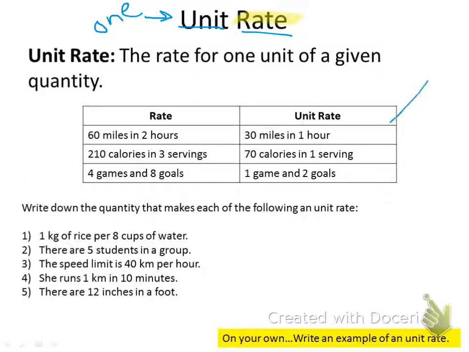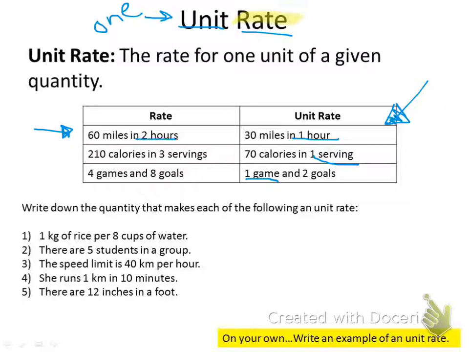For example, here are a bunch of unit rates. So 30 miles in 1 hour. Or 70 calories in 1 serving. In 1 game, there were 2 goals. On this side of the table, you can see the rates. They're from the last slide. But they're rates.